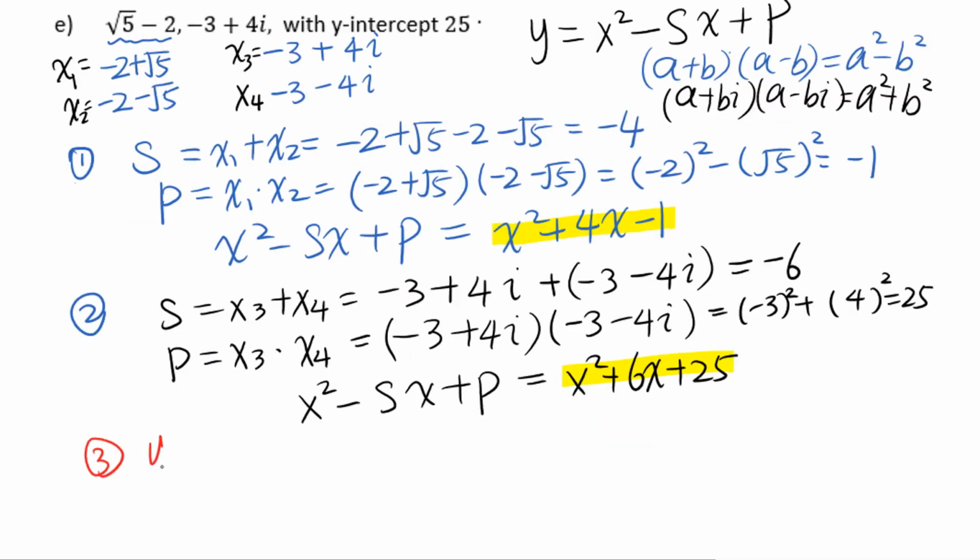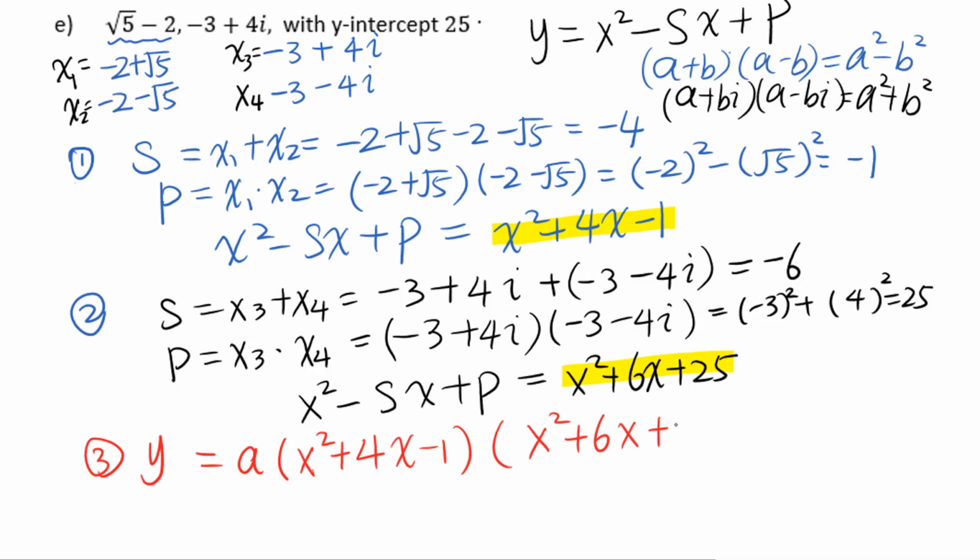Third step, we will set up y equals a times x squared plus 4x minus 1 times x squared plus 6x plus 25. We will use this information. Y-intercept is 25.